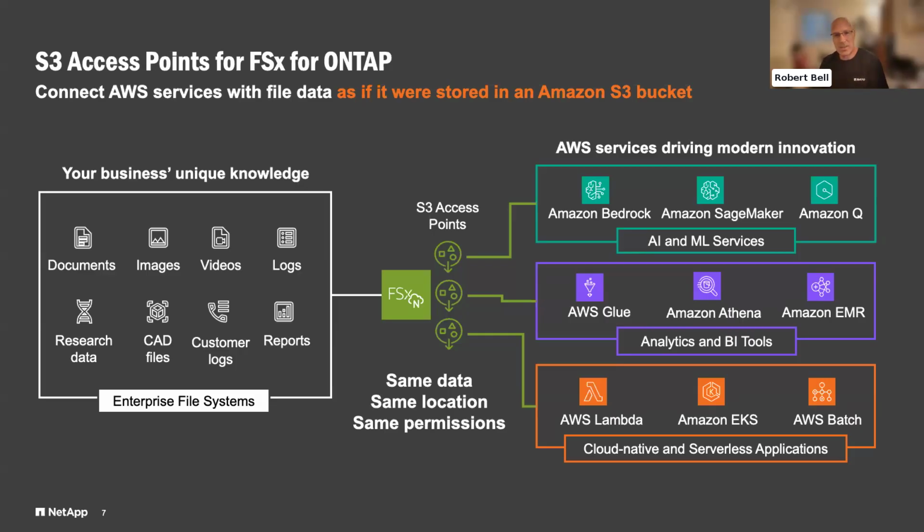But these new services that you are introducing to the data see it as if it was in an S3 bucket. And I think that's the most important thing here: it appears as if it's in an S3 bucket, so you don't need to teach these services how to deal with files. They see it as if it was an S3 bucket, and they use it exactly the same way they would use an S3 bucket.